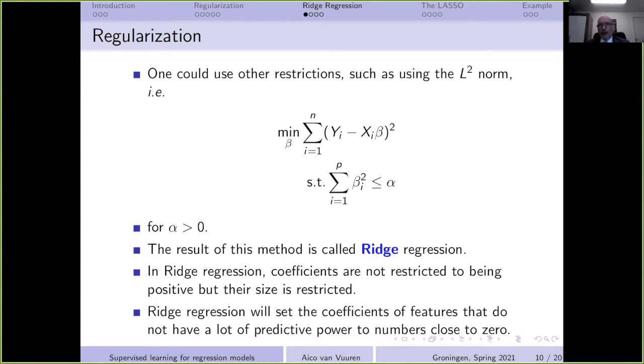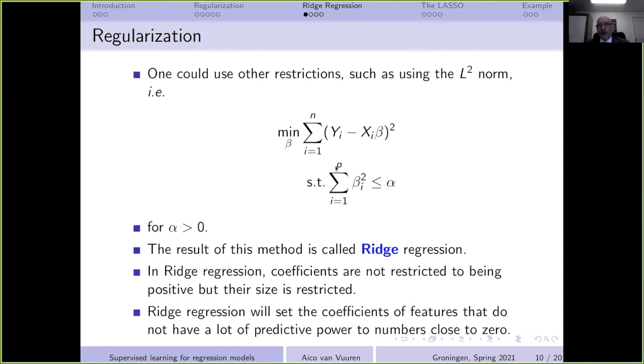It doesn't have to be exactly the same, but for those x's that have a good predictive performance, you allow the beta coefficients to be relatively large, because you would like to predict with those particular features that can predict so well.